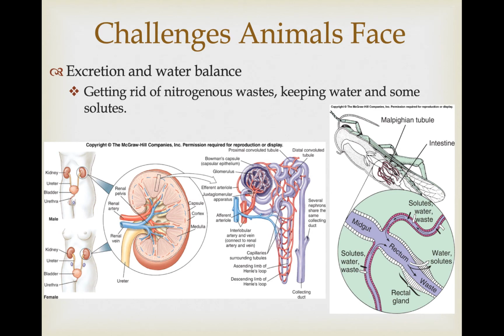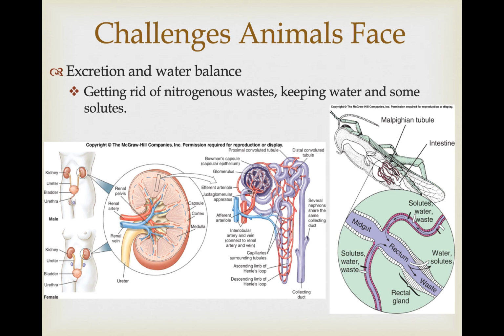But there's another important kind of waste that the body creates, and that's from the breakdown of proteins and other nitrogen-bearing molecules. We got to get rid of that nitrogenous waste. But in the process of doing that, concentrating the nitrogenous waste, usually with a minimal amount of water or an appropriate amount of water, depending on the water demands placed on the animal living in aquatic versus terrestrial environment, and a saltwater versus a freshwater environment. We'll talk about those effects.